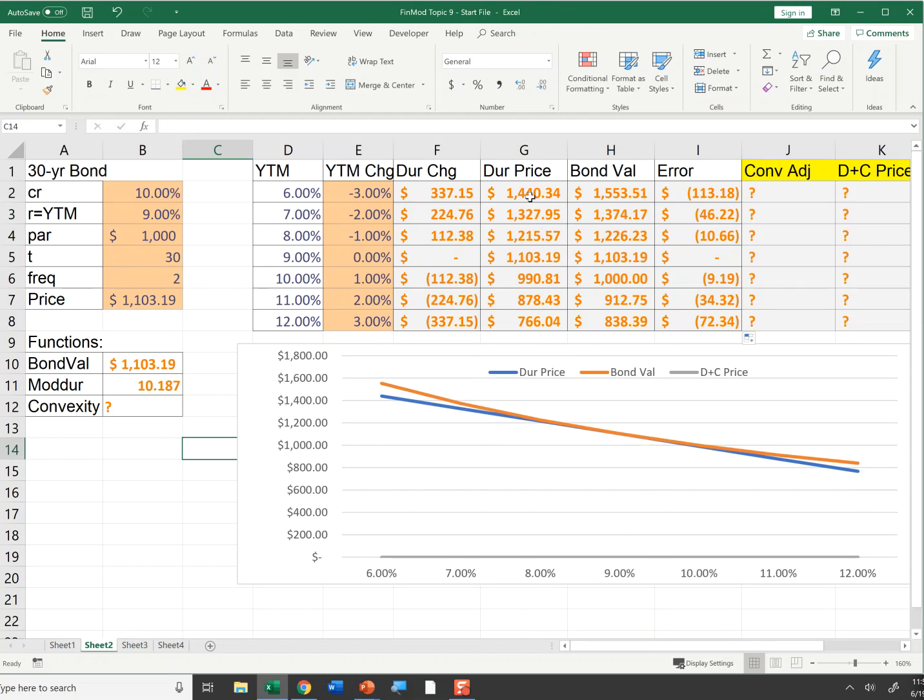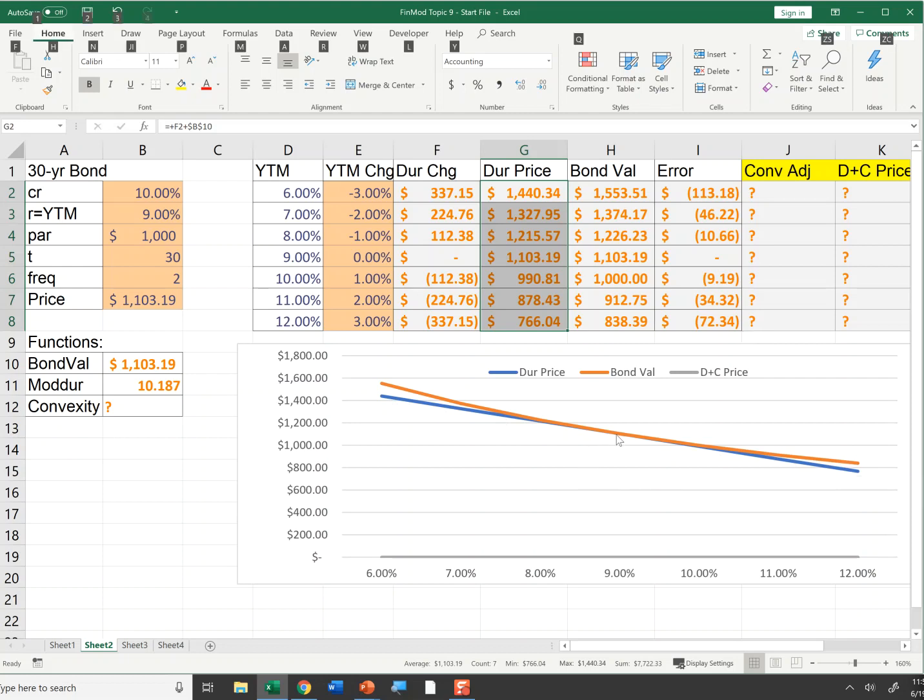Any linear estimate of value changes using a first order derivative, a slope, is always going to estimate along a straight line. So these pricing errors are the distances between the actual price yield relationship in orange and the duration estimated value in blue.